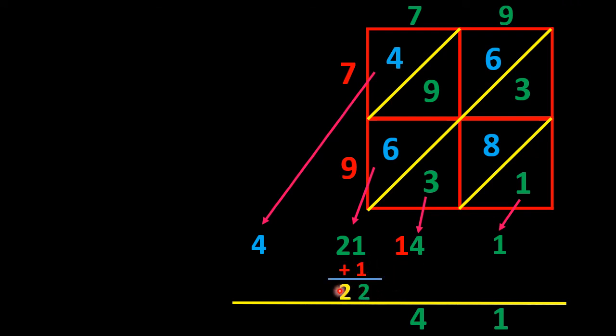Again it is a double digit, so this 2 we shift down, and this 2 we add to the next number. So 4 plus 2 is 6. So 6241 is our answer. At last we write: therefore the square of 79 is 6241. In this way we can find the square of a number using the diagonal method.